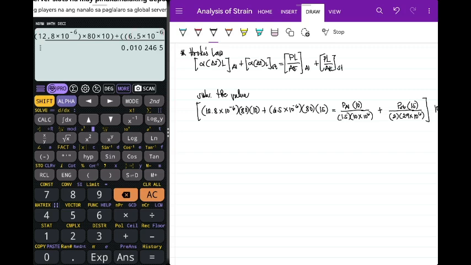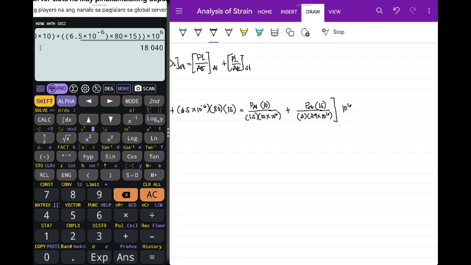The analysis is still under Newton's third law, which is equal but opposite in reaction. Now, if you notice what I did here, I multiplied everything by 10 to the power of 6, simply to eliminate the possible number of zeros after the decimal point on the right hand side of the equation.